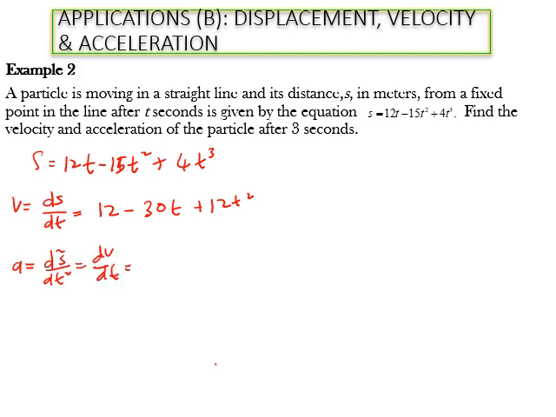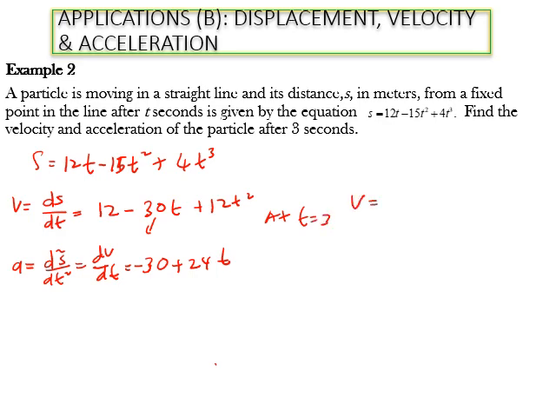So you will get, differentiating this one, negative 30 plus 24t. It's given at time 3 seconds, at t equals 3.